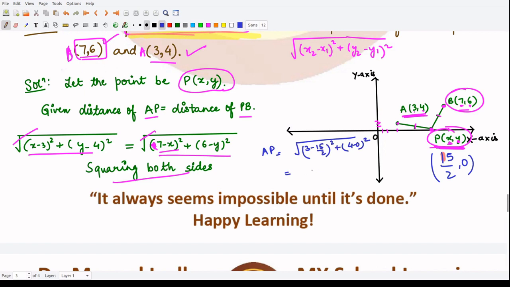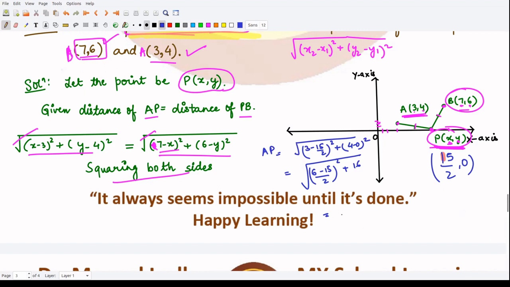So it is 6 minus 15 upon 2 whole square plus 4 square, which is 16, under the square root. 6 minus 15 is equal to 9.